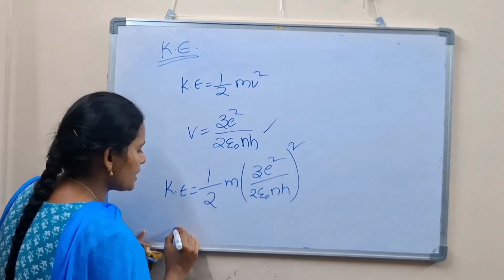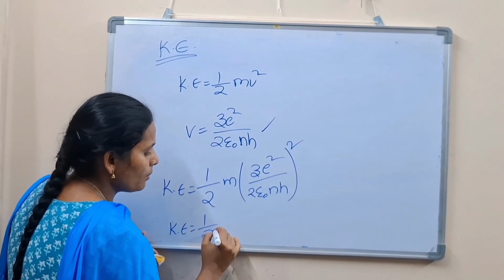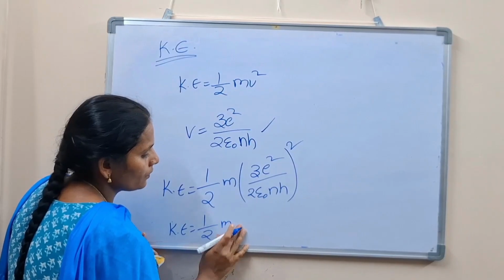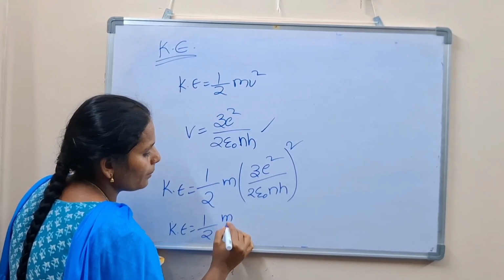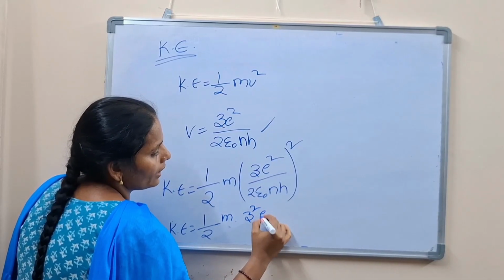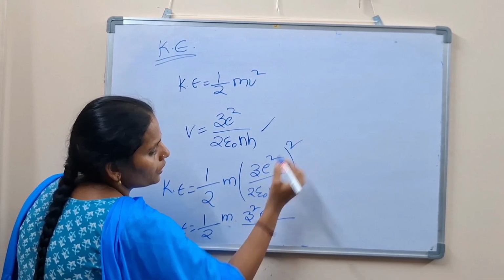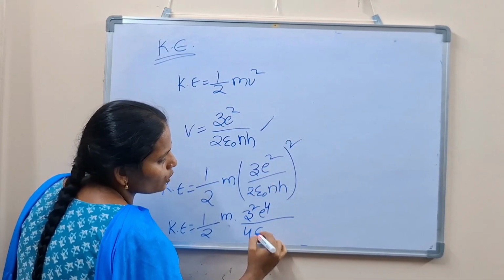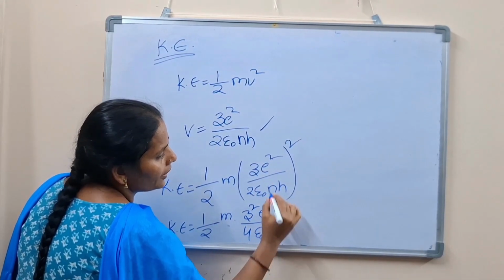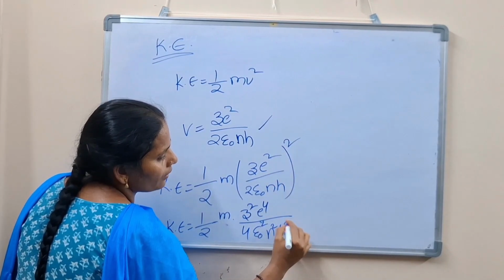Squaring the terms, we get kinetic energy equal to 1 by 2 into m into Z square into e power 4 by 2 2s are 4, into epsilon naught square into n square into h square.